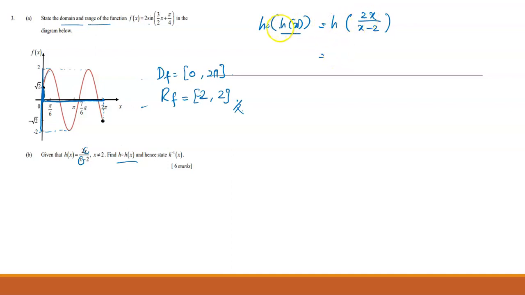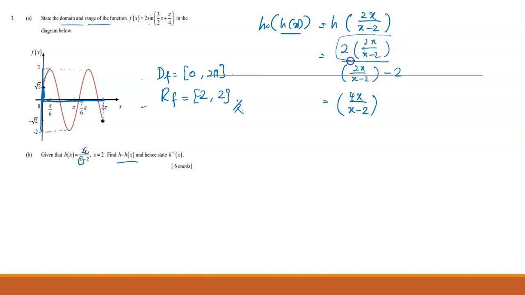Actually, recall that in this question both are h. So we can refer to 2x divided by x minus 2. Here we're going to substitute with 2x divided by x minus 2, and also 2x divided by x minus 2. Multiply with this one here, going to give you 4x divided by x minus 2.